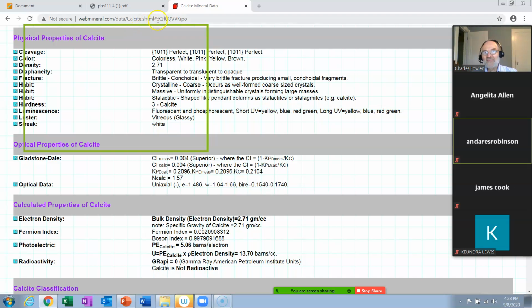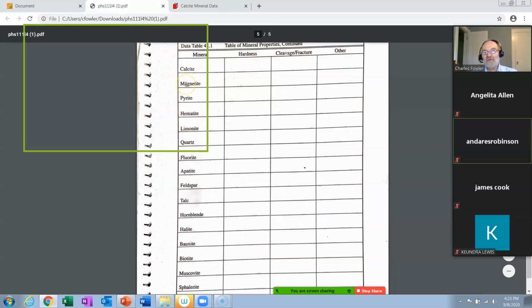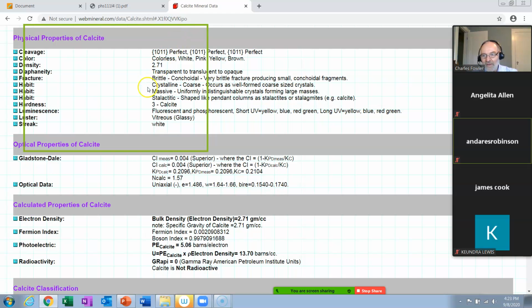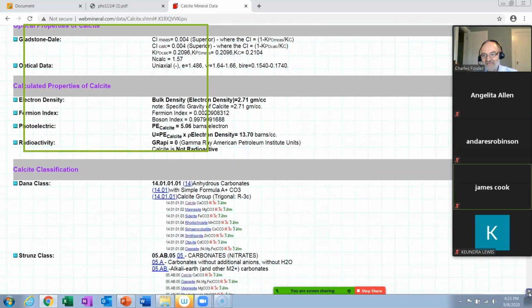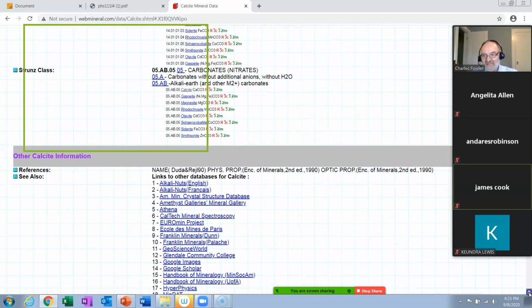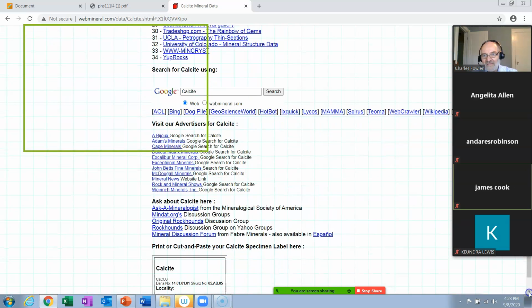Okay? Now if you go back to the page, you'll see the next one here is magnetite. So how do you go to a different mineral? Okay? Well, let me see if I can do it underneath all this stuff here. There's just lots of stuff here. Okay.